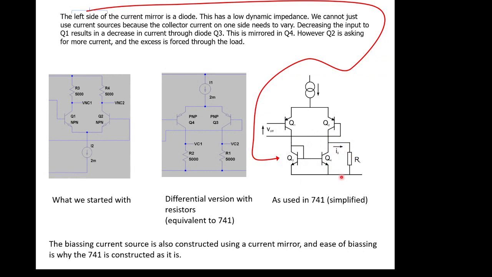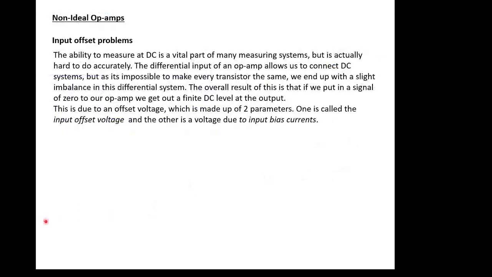And that's what turns this thing into a single-ended output. And the voltage is then generated over this load resistor, which allows us to get a single-ended signal. So it's quite clever. There's a lot of cleverness going on in this system. But that's what happens with an ideal one.